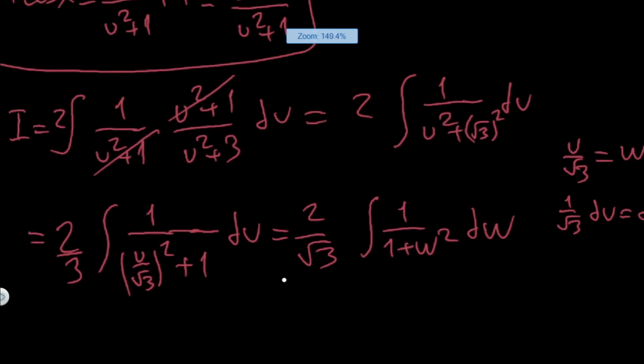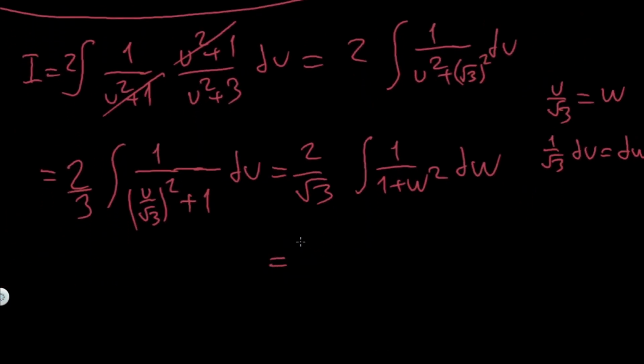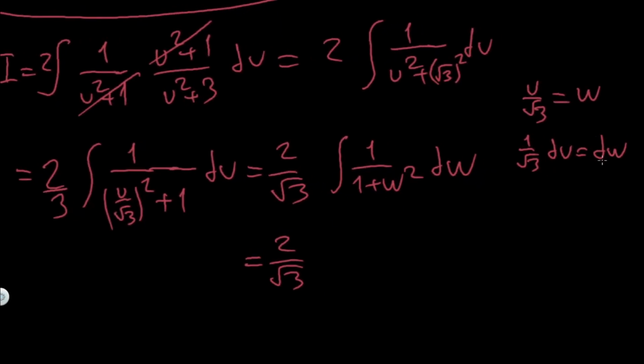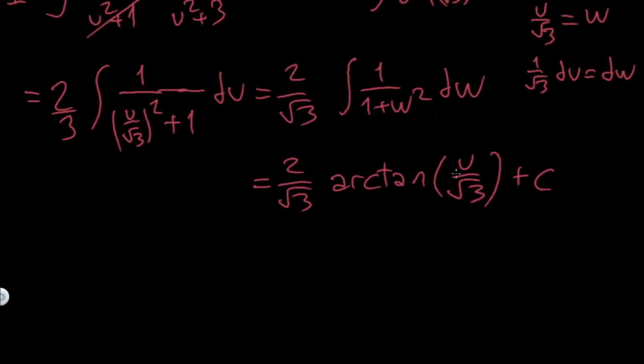This is just going to be 2 over square root of 3 arctangent of v, where v is u over square root of 3, plus c. I also need to substitute u, which was equal to tangent x over 2. So instead of u, I will put tangent x over 2.